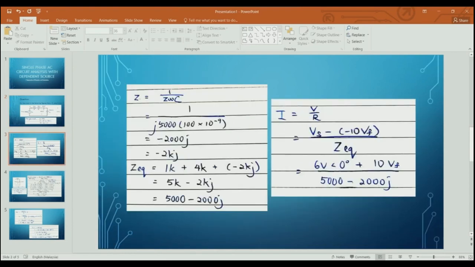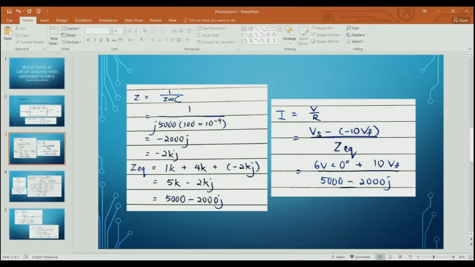This is the formula to find the impedance, and this is calculated for the impedance of C1. So C1 is equal to negative 2kj ohms. Since this circuit is a series circuit, we just need to do addition. So the equivalent impedance is 1k plus 4k plus negative 2kj, equal to 5k minus 2kj.